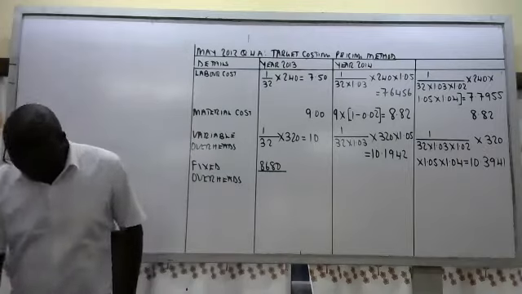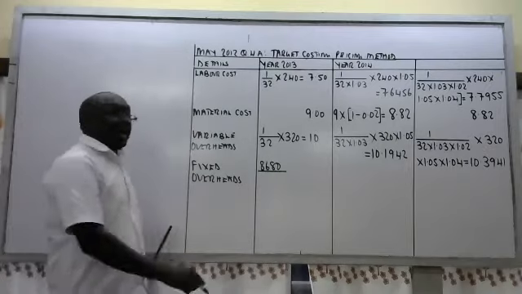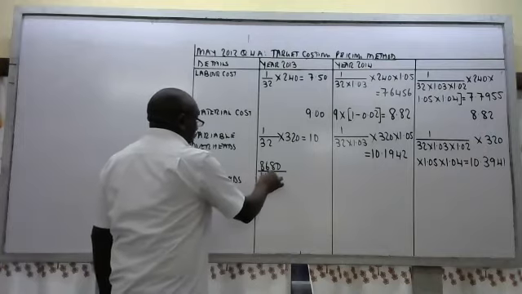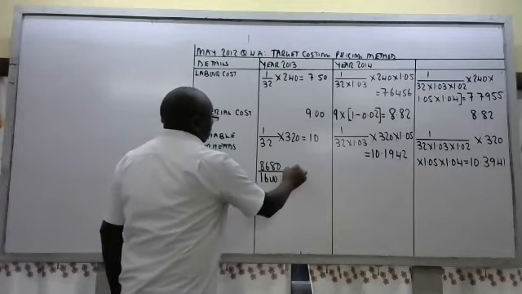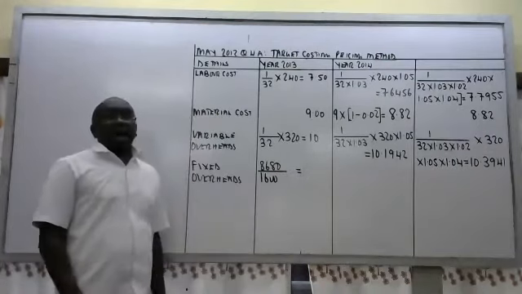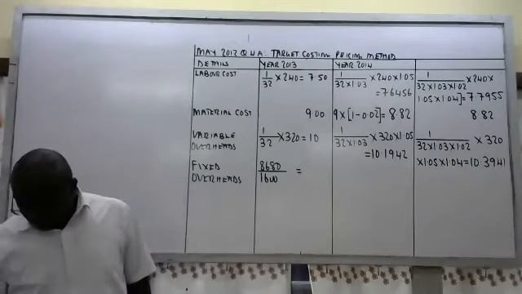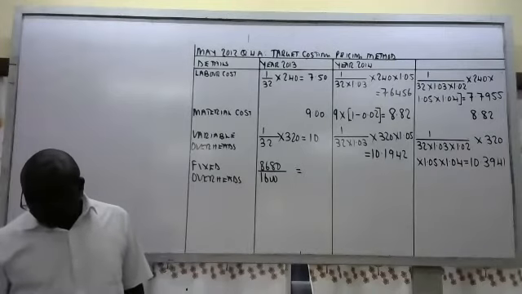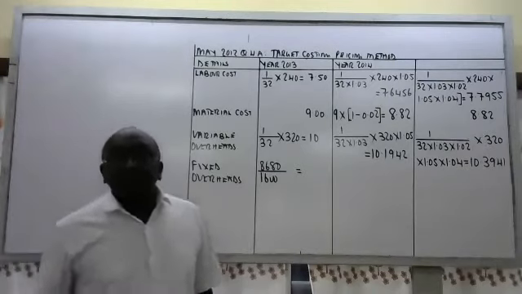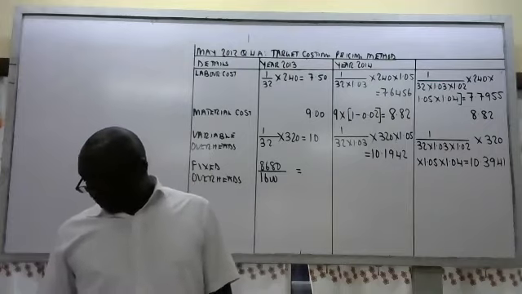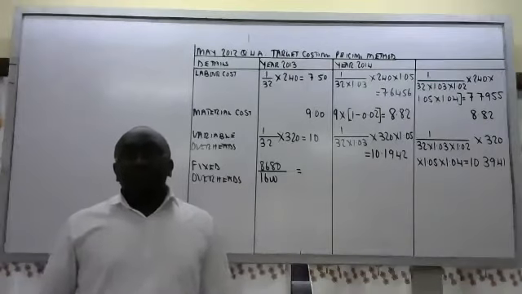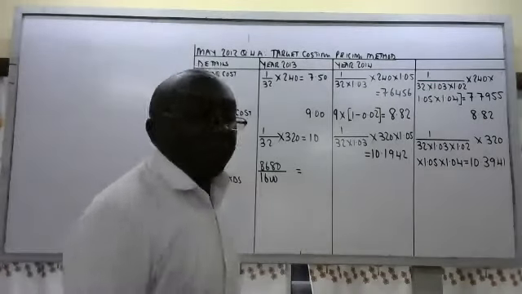You divide by the number of units which are up there, 1600. So that will tell you the cost per unit, $5.425.